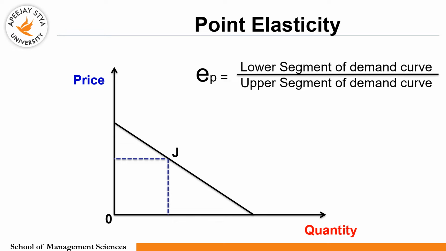So it is calculated using the formula: lower segment of the demand curve divided by upper segment of the demand curve. For example, in this case, we will measure the length of the lower segment of the demand curve and then divide it by the upper segment, which will give you different values.